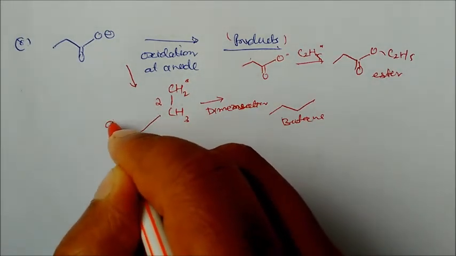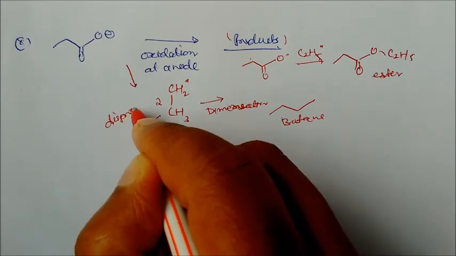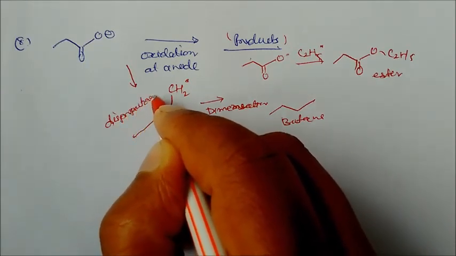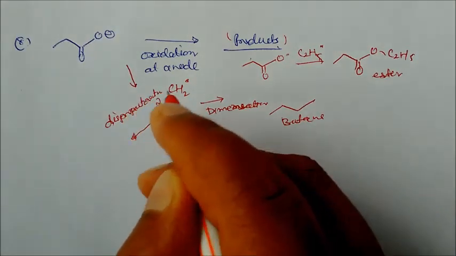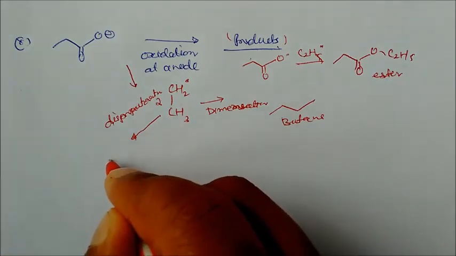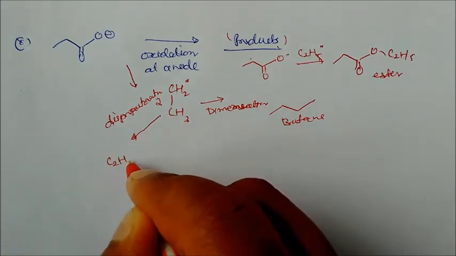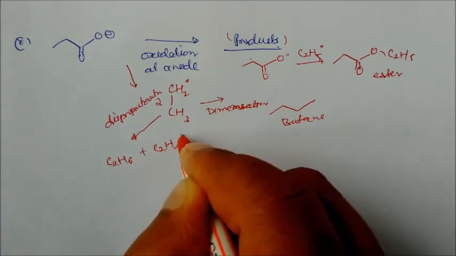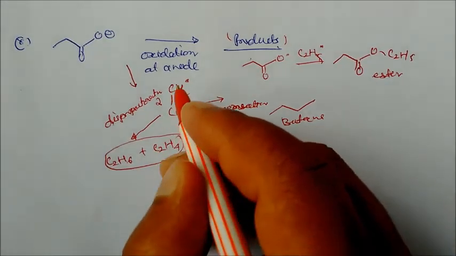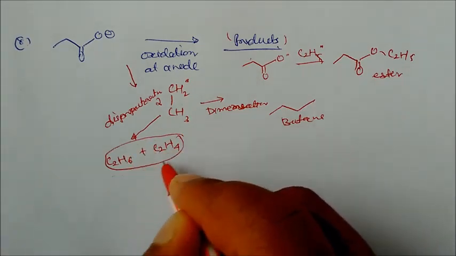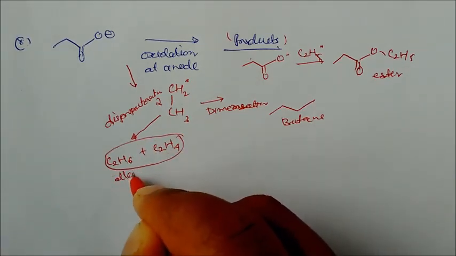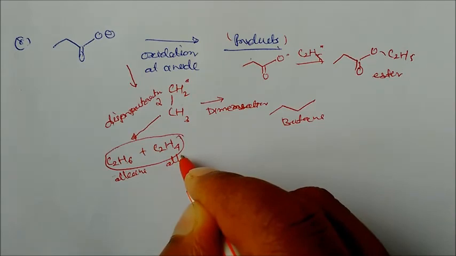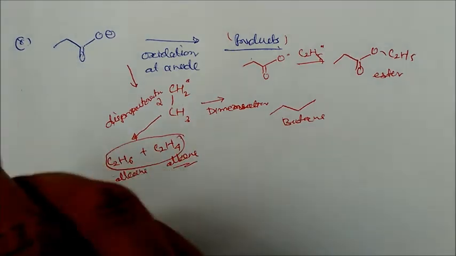So under this disproportionation, this will convert into 2 products. Either this will be your C2H6 or this will be your C2H4. So 2 different products can be possible from this compound. So these are 2 different products. One is alkane and one is alkene. So this is the answer of these questions.